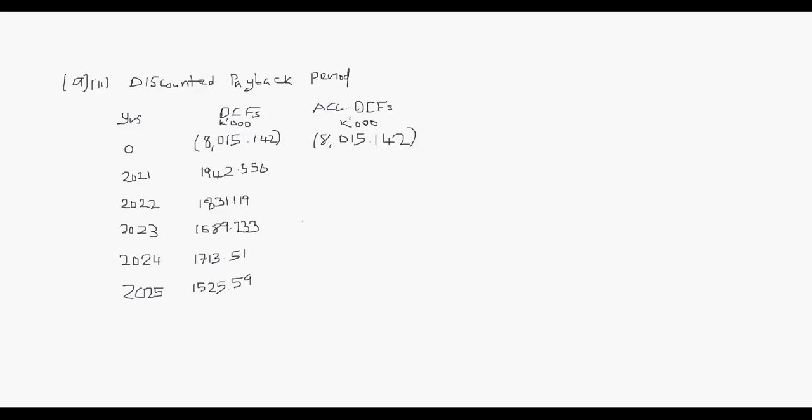When we add 1942.556, how much are we going to remain with?